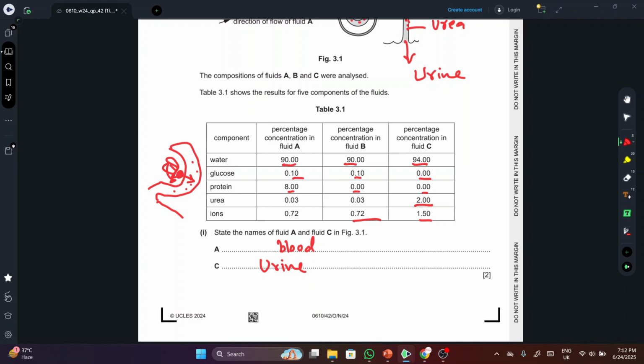If we talk about the proteins, this is more in the fluid A, which is blood, and no protein in the fluid B and C. It means it is not filtered out. Then urea is more in the urine, because all the urea enters into the urine, and urea is not reabsorbed. Ions and water are both filtered out and reabsorbed, but they are also present in the urine.